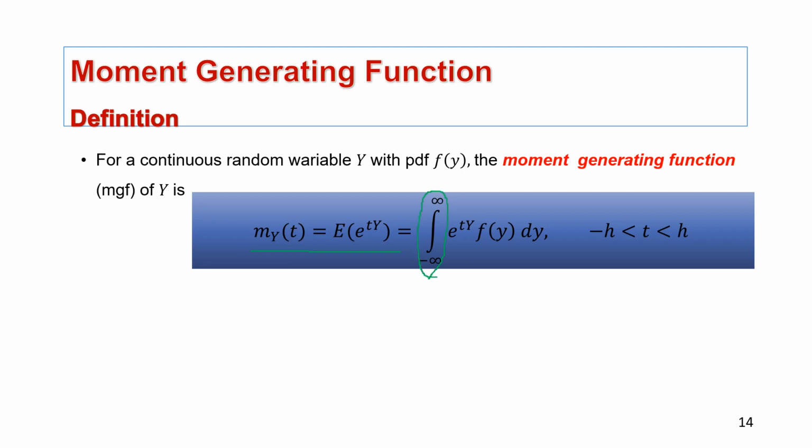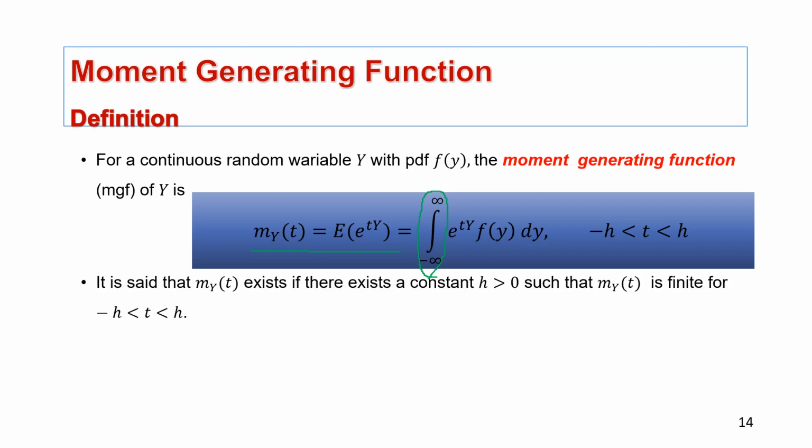The difference is that here we will use the integration from negative infinity to infinity of e to the power ty times the PDF f of y dy. But in the case of discrete random variables, we have to write the sum of all possible values of y, e to the power ty times the probability mass function.